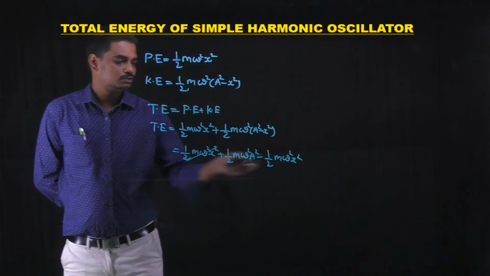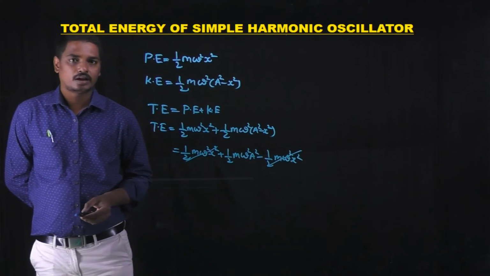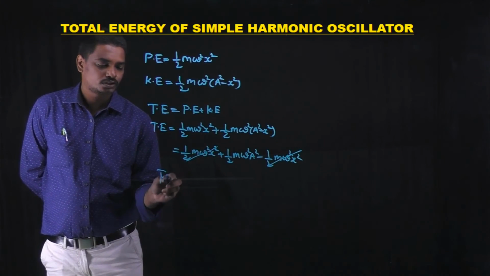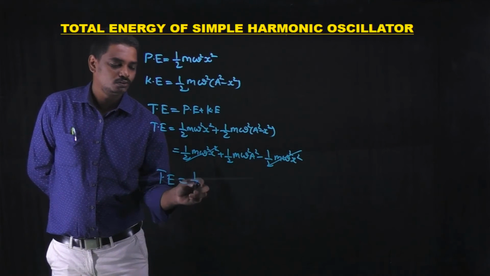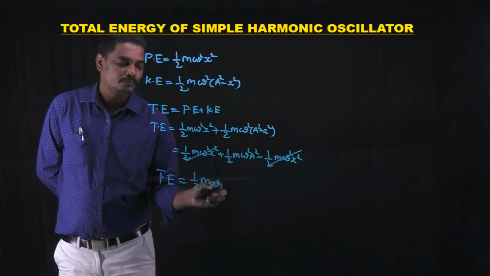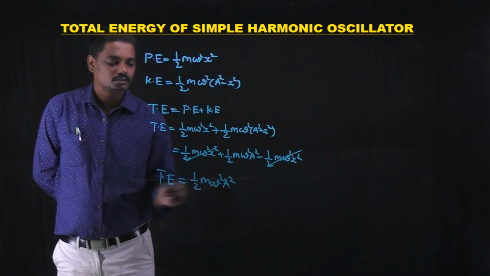Here these two terms get cancelled as they are equal and opposite. So the expression for total energy is equal to half m omega square a square.